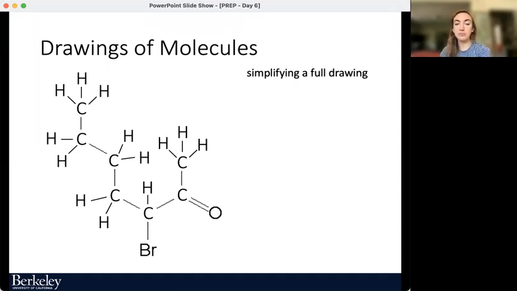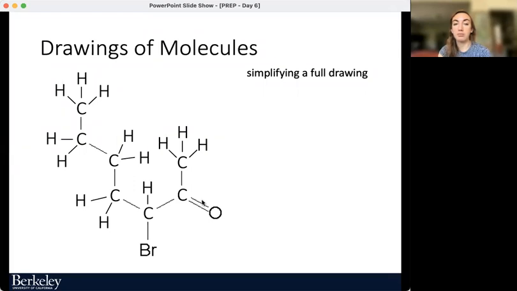So this is a full drawing of a molecule. You can see we have 1, 2, 3, 4, 5, 6, 7 carbons. We have a lot of hydrogens. You can just count all the H's. We have a bromine, we have an oxygen. We have a whole bunch of single bonds. Anywhere that you see 1 single line, that's a single bond. And we have 1 double bond right here.